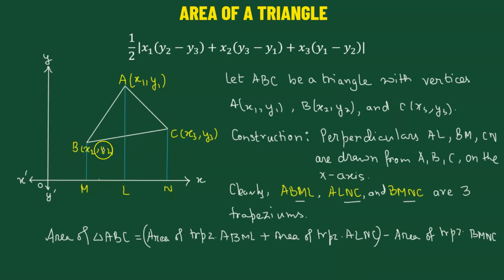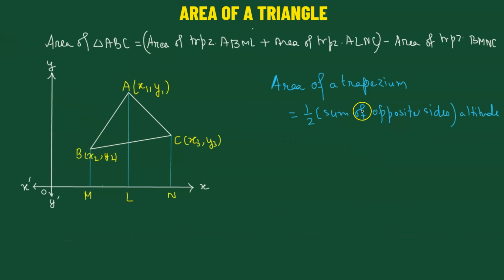Now we'll try to find the area of each trapezium. To find the area of a trapezium, we'll use the formula half times the sum of the parallel sides times the altitude. The altitude is the distance between the two parallel sides. We'll start with the trapezium ABML. From the figure, it will be half multiplied by the sum of the opposite parallel sides, so we have to be careful.